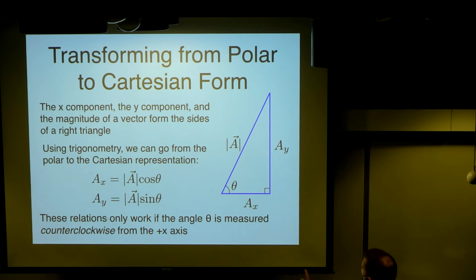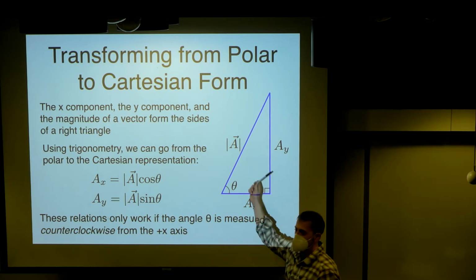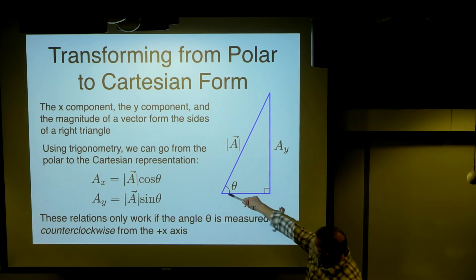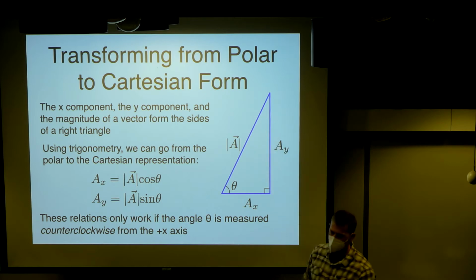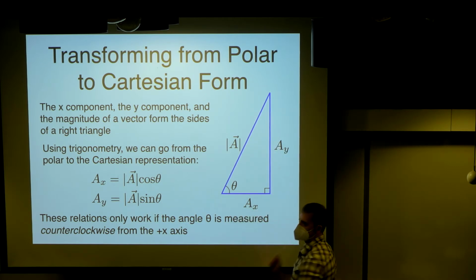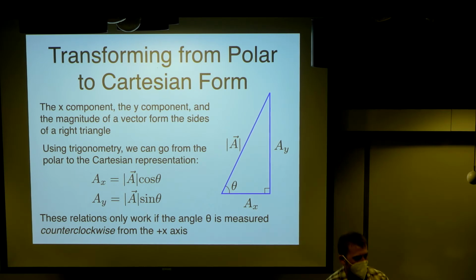The way we get the relationships is based on that right triangle I showed you earlier. I'm just going to copy it down here. Remember, we had the vector pointing like this, and then we picked out its x component, which is the projection of that vector on the x-axis, and its y component, which is the projection along the y-axis.